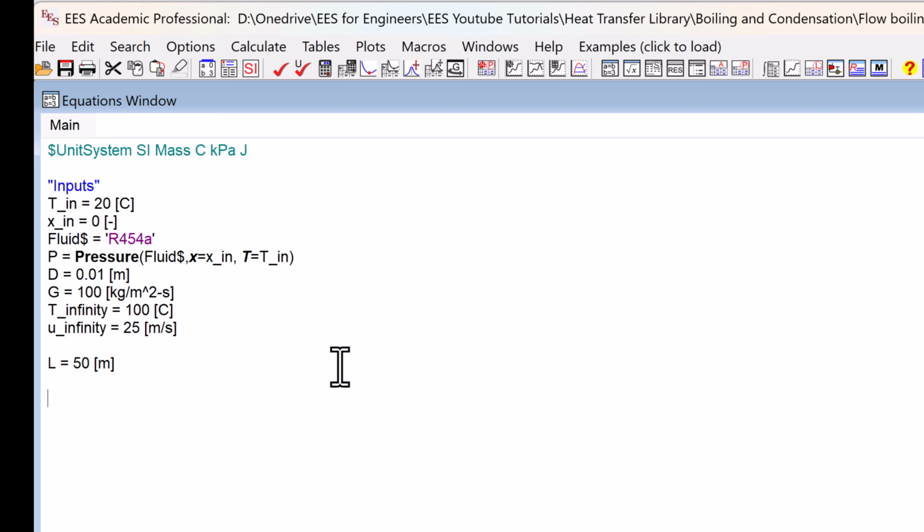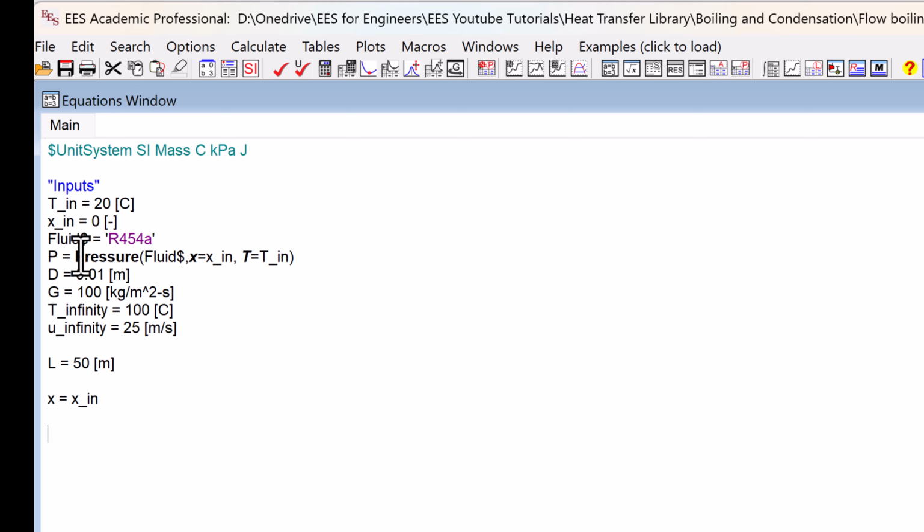And now I'm going to go ahead and set a value of quality. So let's set it equal to, I don't know, initially x_in, and I'll make sure that for any given value of quality, like I said, I can figure out the heat flux, right? So the first thing I have to remember is that at any given value of quality, the temperature will no longer be T_in.